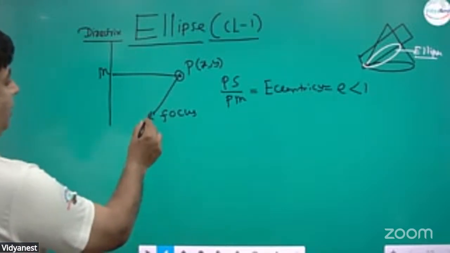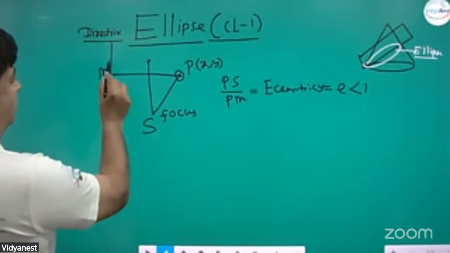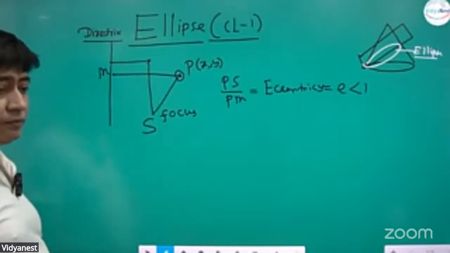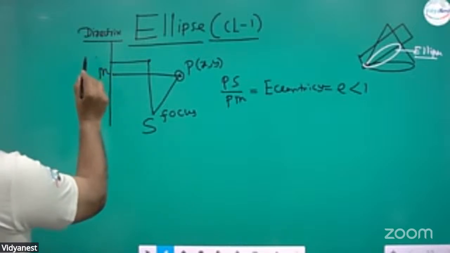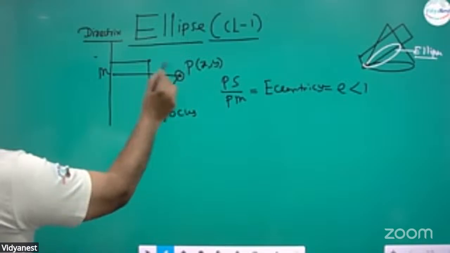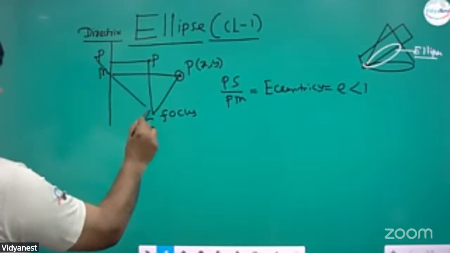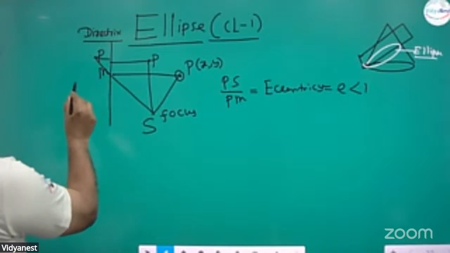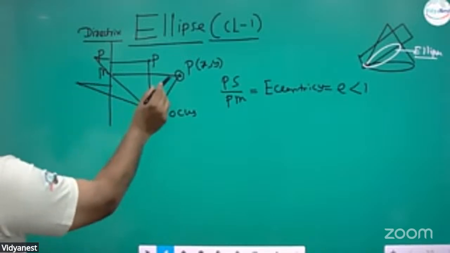Suppose the point reaches this place, then also the distance will remain same. Suppose the same point reaches this place, then also the same distance.